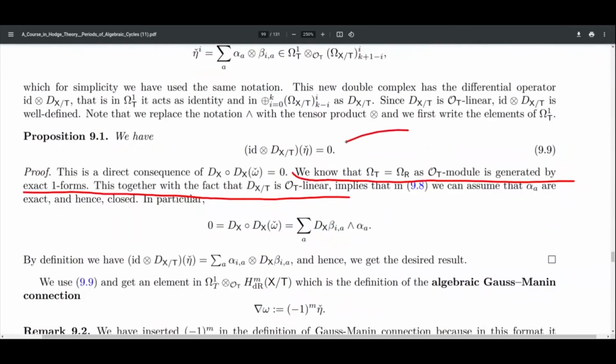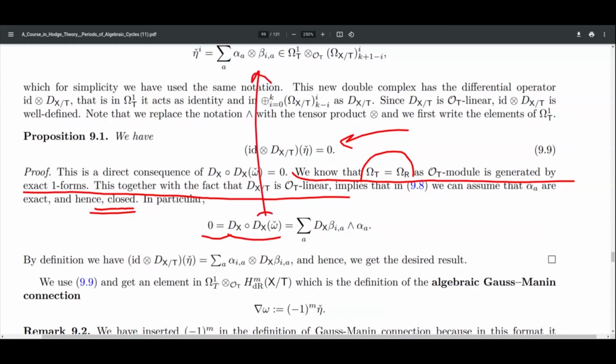In order to prove this identity, we use the fact that omega_T, or omega_1 of T, which are differentials of the ring R, are generated by exact forms. And from this exactness, we will just use the closedness. Then we start from this identity, and in the first d_X, we just substitute the definition that we had here.